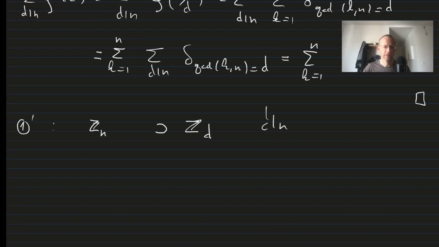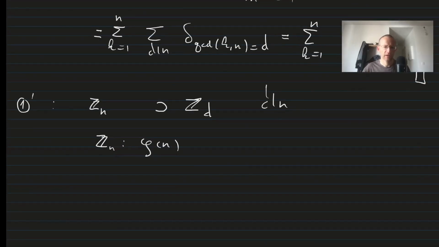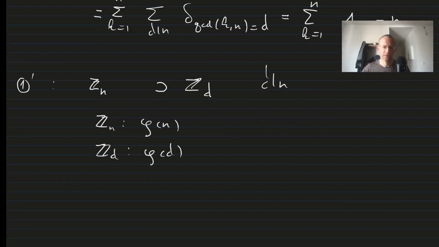And actually, for instance, Zn is precisely generated by phi of n elements in Zn, and Zd is generated by precisely phi of d elements, and so on. And so when we sum over all of these possible divisors, phi of d, then we get all the elements of the cyclic group.